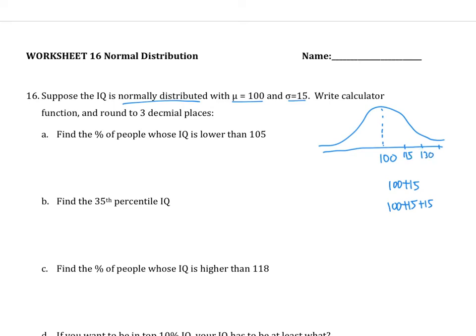That'd be 130, and then basically 145, right? The question says IQ is lower than 105, so where is 105? Somewhere here, right? 105 is here, and lower than 105 is to the left. These are the lower numbers.